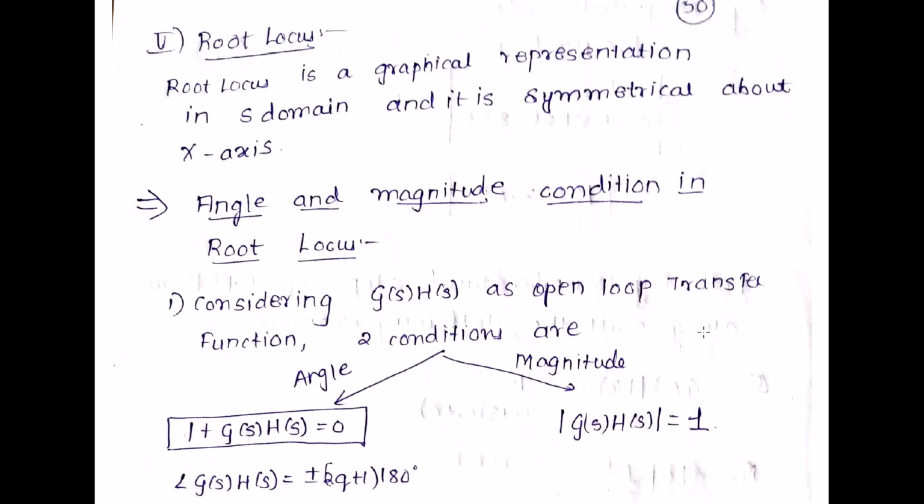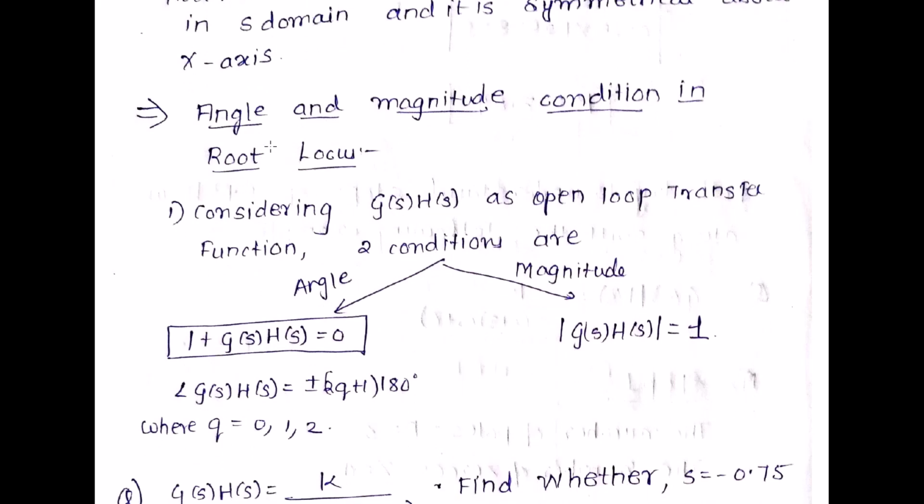The root locus is basically a graphical representation in the S domain and it is symmetrical about the x-axis. If I talk about the angle and the magnitude condition of root locus, an open loop transfer function G(s)H(s) will be given to you.